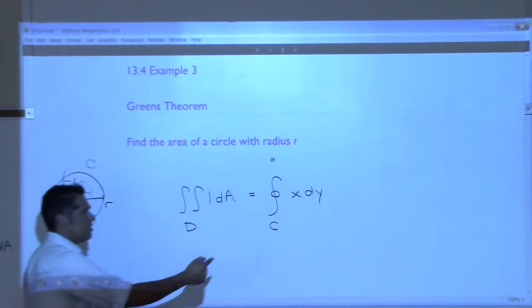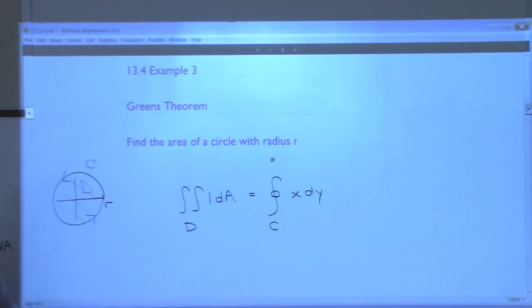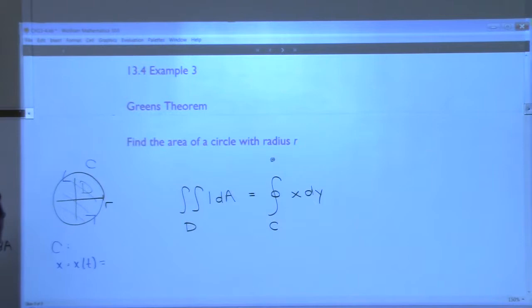So let's do this line integral. And we're going to do it just the way we did these before. We're going to find a parametric representation of C. So C here would be x is some function of t. What would it be? And what's y as some function of t?